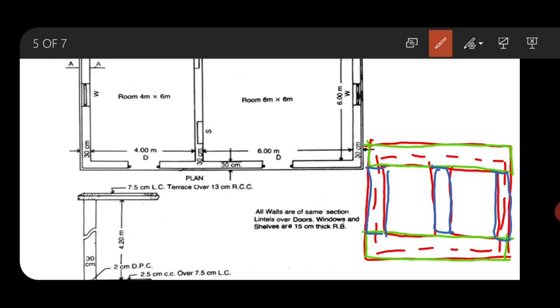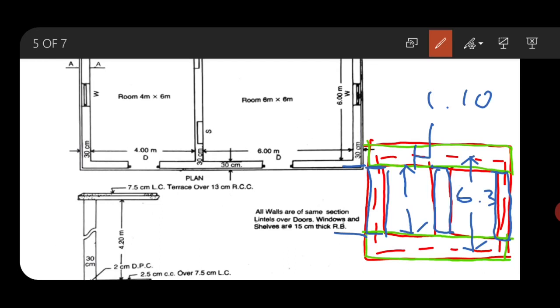So there are 3 numbers of short wall, and how will we get this required length? We have the center to center length as 6.3, okay, and here the wall thickness is how much? This is 1.10. So in order to get the length of the left out portion, when we subtract half of the breadth on one side and half of the breadth on the other side from the center line length, we will get the required length of the short wall.